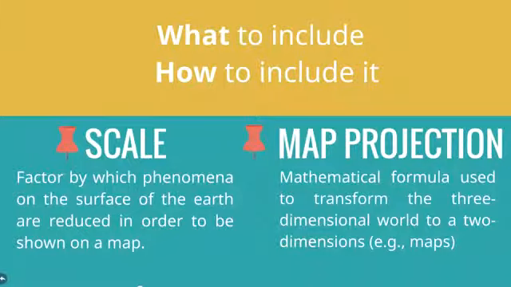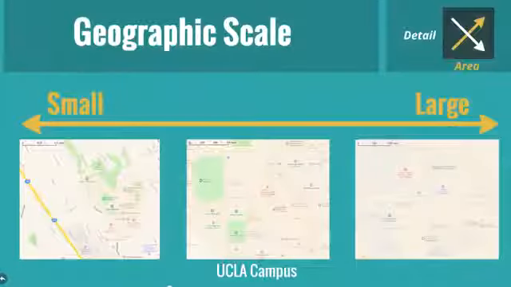One thing with respect to scale that is worth emphasizing is the relationship between the detail you might see on a map and the area or extent or coverage of a map. For instance, we often refer to maps as either large scale or small scale.